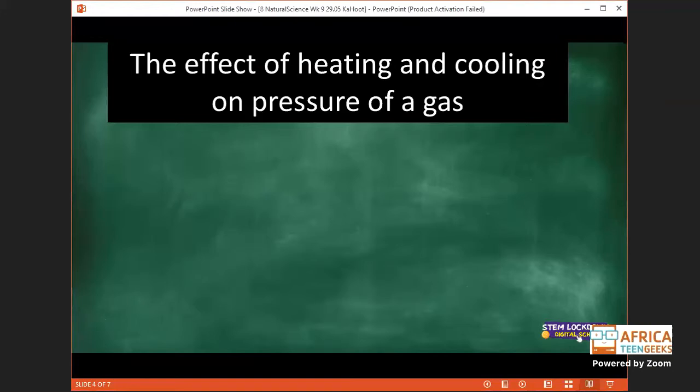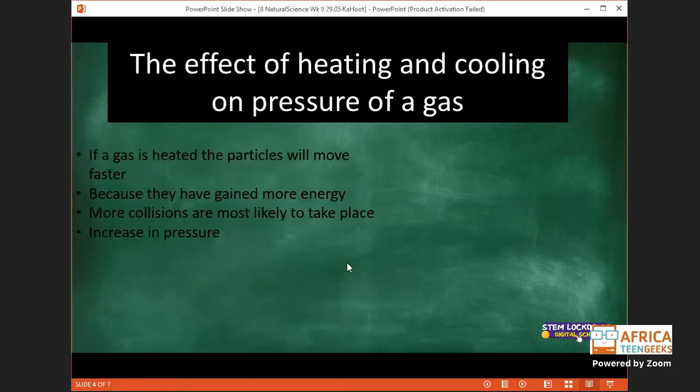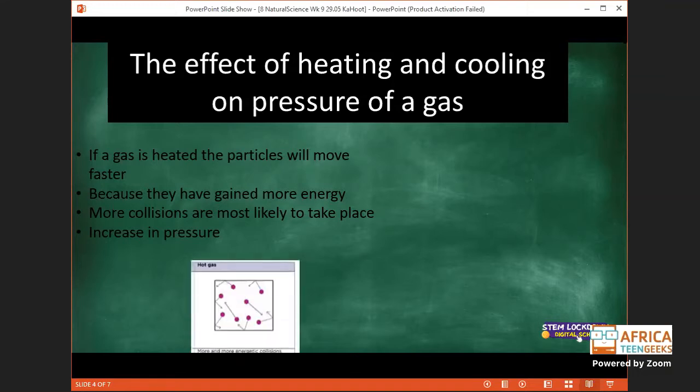Awesome. Okay, so yesterday we looked at the effect of heating and cooling on the pressure of a gas. This is a quick recap of what we did, and then we will move on. We said that if a gas is heated, the particles will move faster because they have gained more energy. Then more collisions are likely to take place, and we have an increase in pressure.